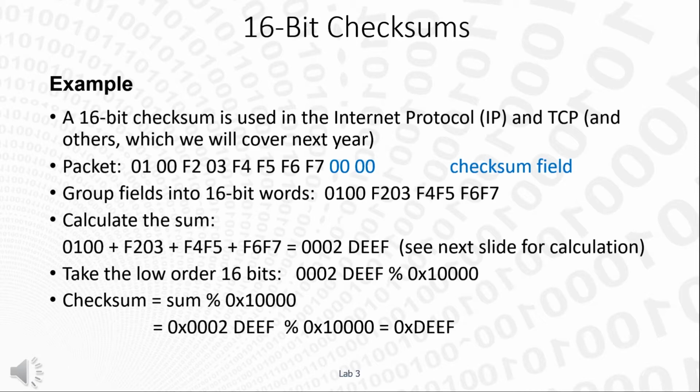So that's larger than what you can represent with 16 bits, so we have to take the mod of 1 plus the largest number that you can represent with 16 bits. So it's 10000. So the sum mod 10000 just takes the low order bits, and that's just the DEEF.